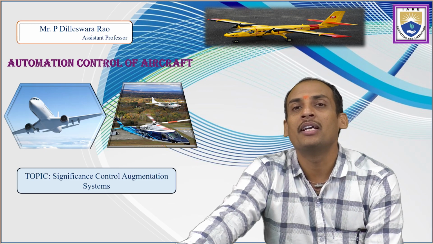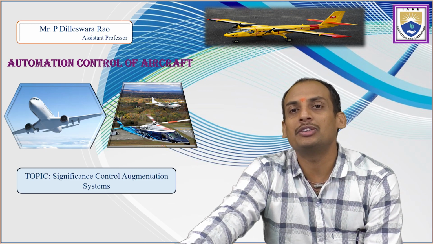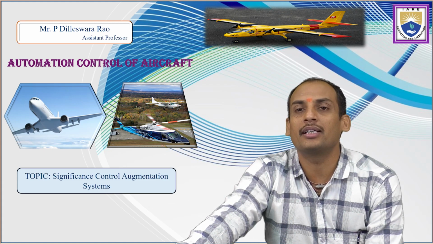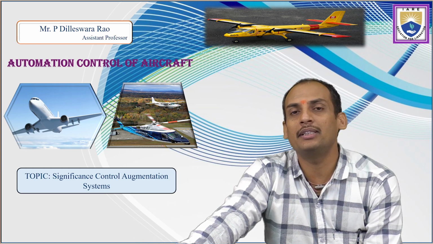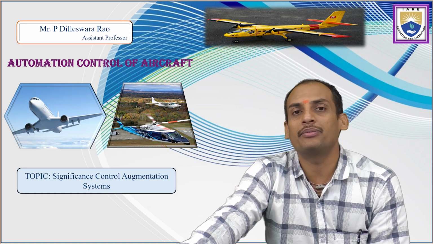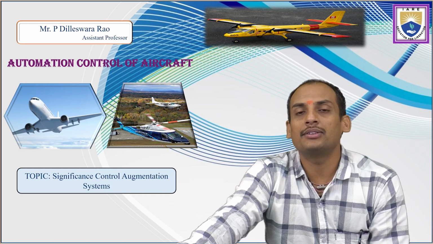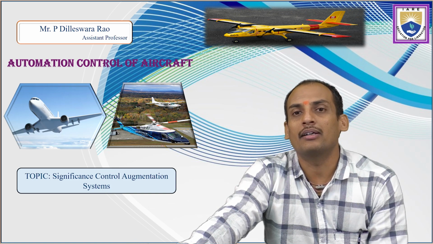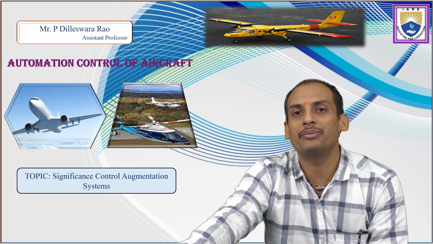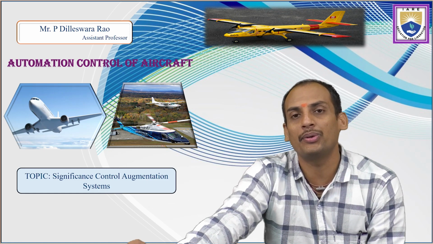Significance means we are explaining CAS system installation with different control systems. Previously, in one video, we delivered the significance of the SAS system, where we discussed pitch rate and acceleration examples for control surface operation and how the SAS system is installed.